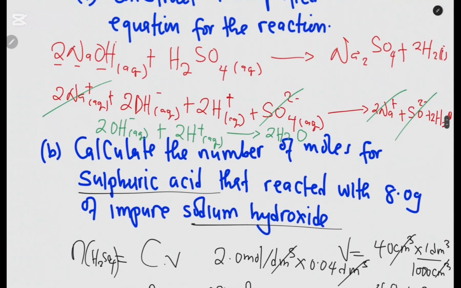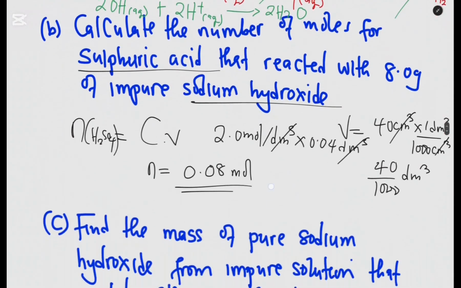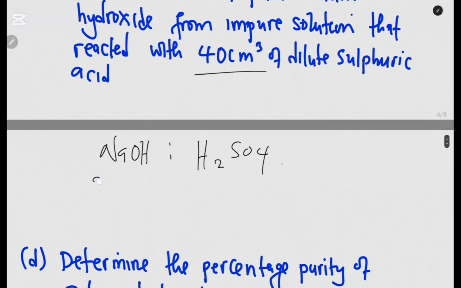If you look at the balanced equation, there's a 2 in front of sodium hydroxide, so we are going to use mole to mole. So which means there's a 2 here. This means that 2 moles of sodium hydroxide react with 1 mole of sulfuric acid.